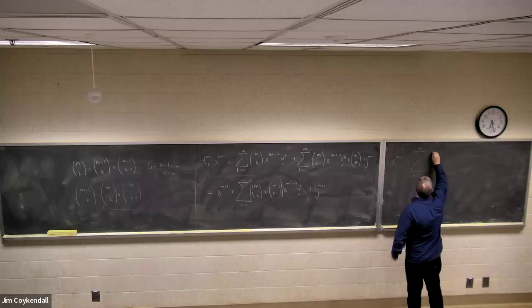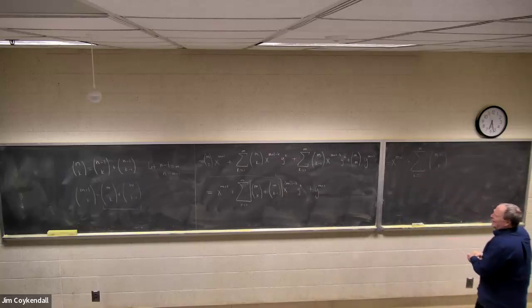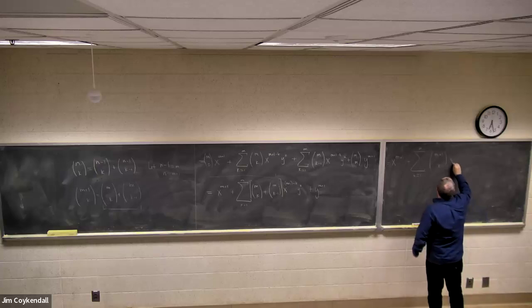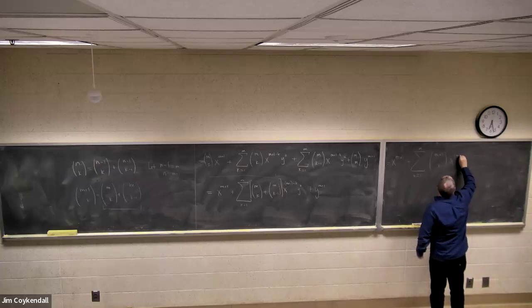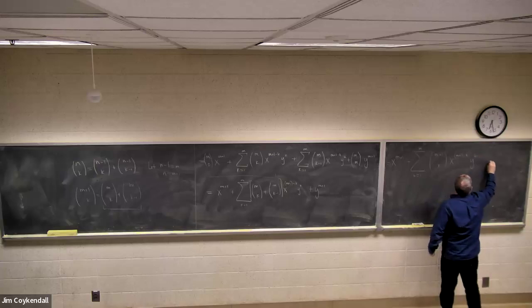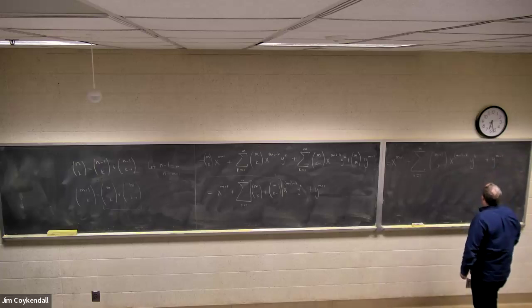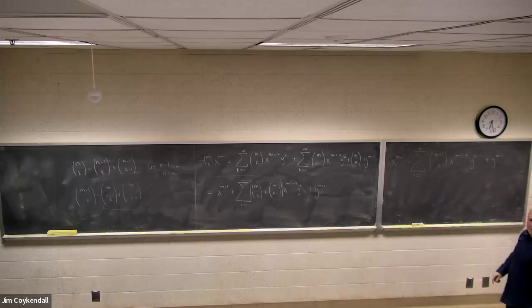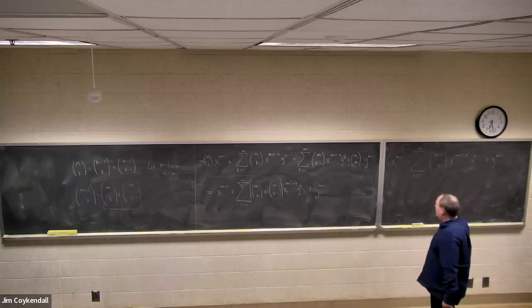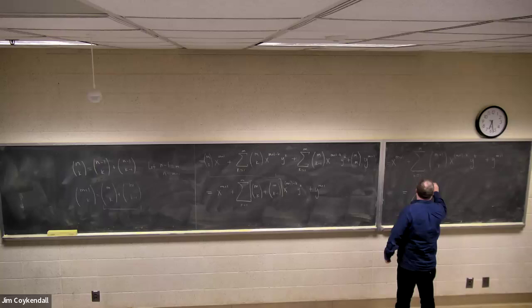This is what comes out: m plus one choose k, times x to the m plus one minus k, y to the k. Okay, so which is actually the sum.